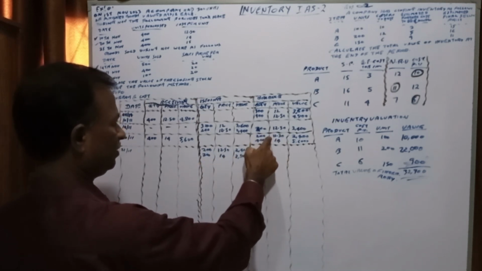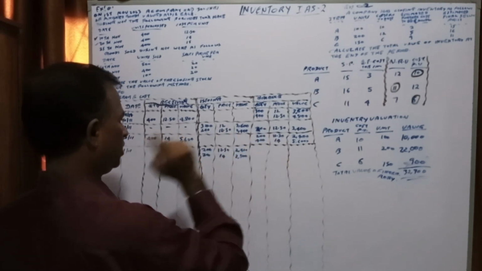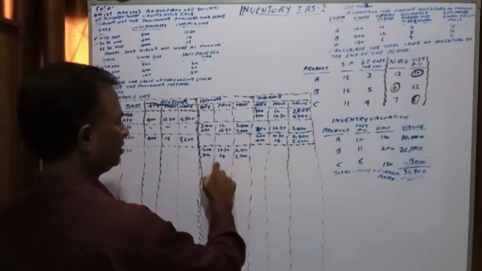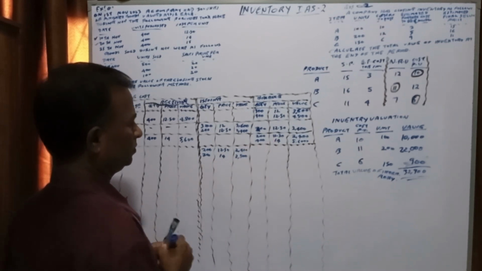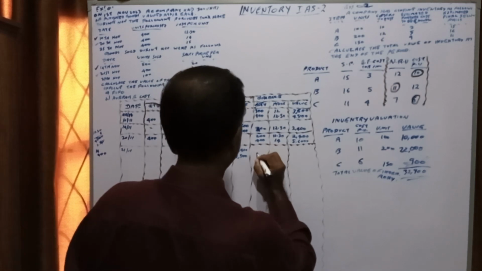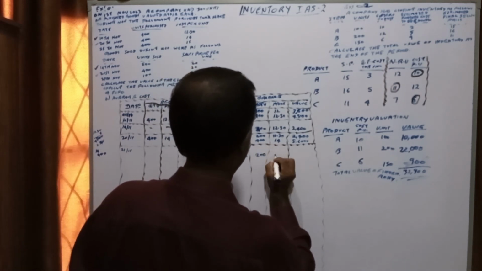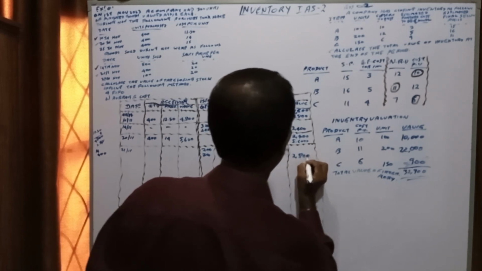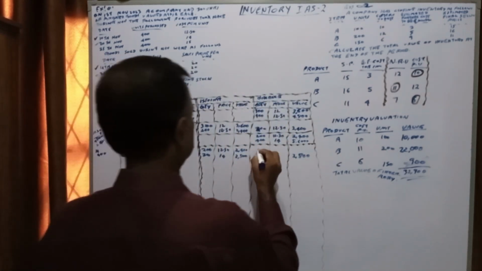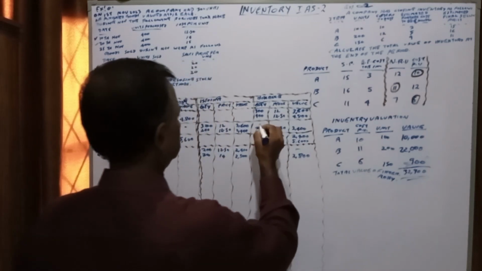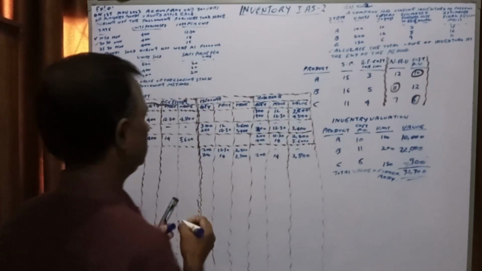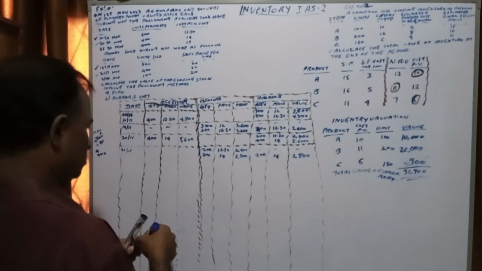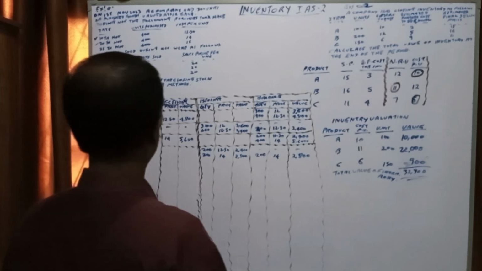Next 200 we take from the 400 at 14 rupees. So the balance will be 200 units at the rate of 14, that is 2800 rupees. Here nothing, here nothing. Understood? So you are on the safer side.